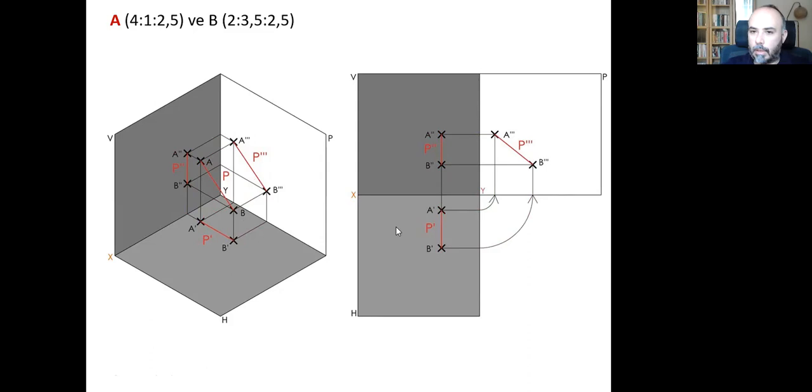However, this is not enough. In the question, we were asked to indicate the traces of this line. When I say traces, right now we are looking at the line segment. However, if we keep continuing this line, I can say that it will intersect with 2 planes here and go beyond.